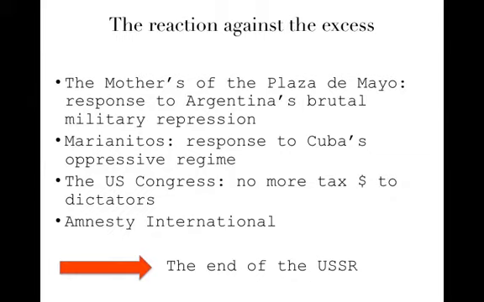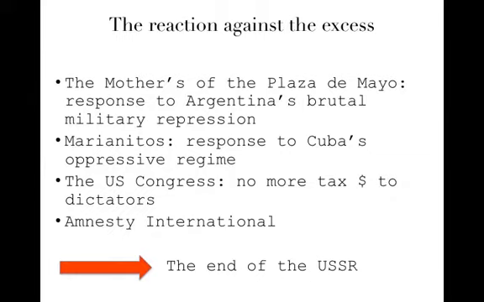The response to Cuba's oppressive regime was the Marielitos exodus of thousands of Cubans who pressured the government, finally forcing the government to allow them to emigrate to the United States.